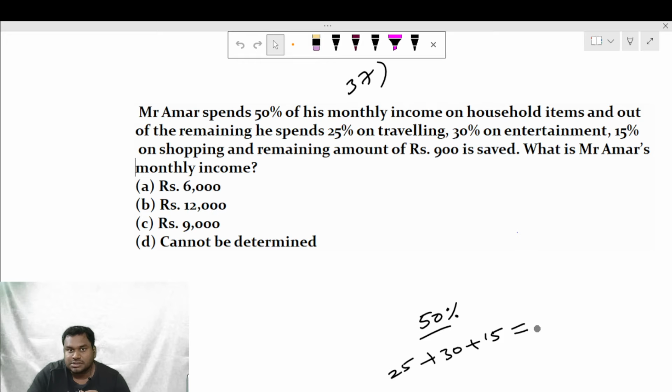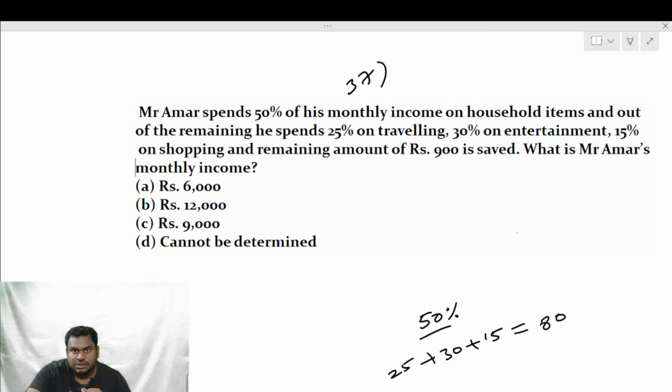So 25 plus 30 is 55, plus 15, it is 70%.